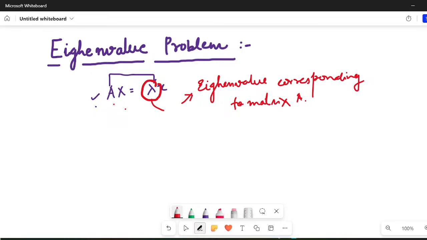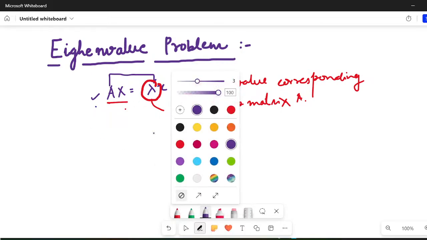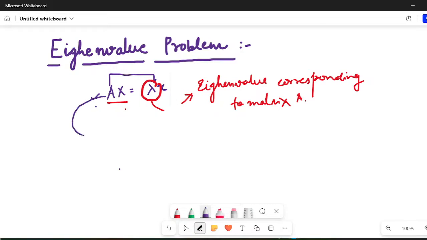We have also found that in order to find the eigenvalue, we try to find a characteristic polynomial attached to it. We get this characteristic polynomial by determining the determinant of A minus lambda I equal to 0.